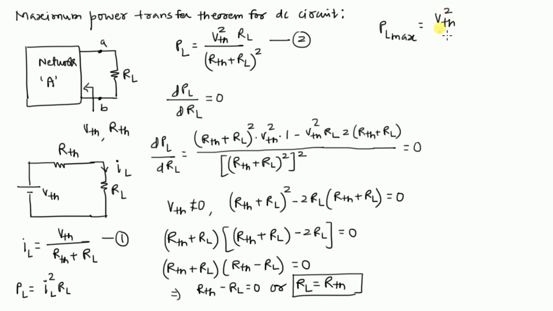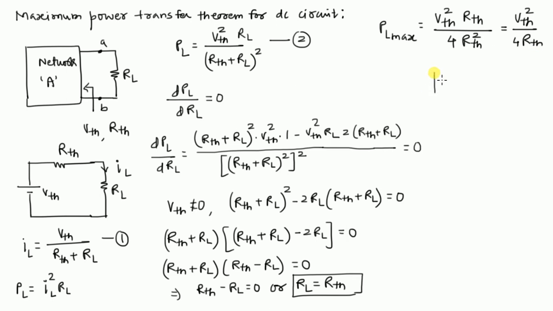So this will be VTH square into RTH, and in denominator we have RTH plus RL, and RL is RTH, so twice RTH square, that is 4 RTH square. This will give VTH square over 4 RTH. So maximum power absorbed by the load resistance is VTH square over 4 RTH.